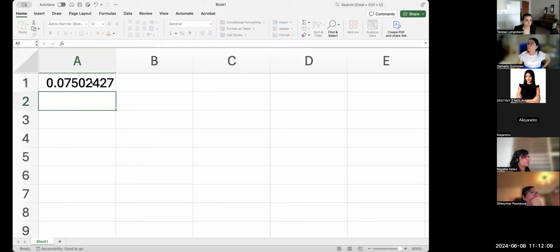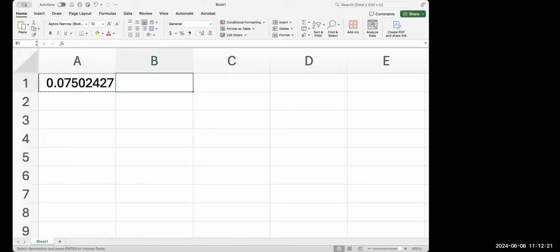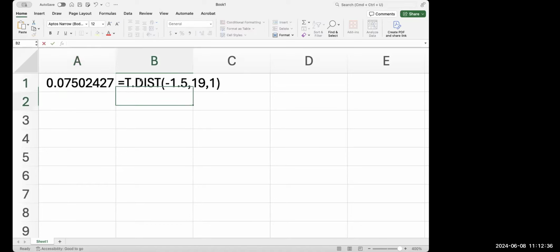If I put negative 1.5, it gives me, so let me copy that so you can see what I just did. Okay, so that's what I wrote.